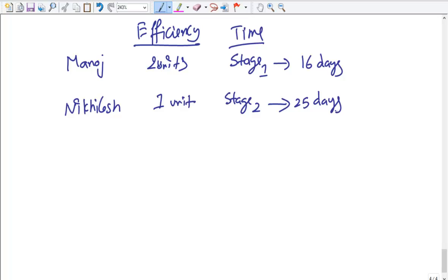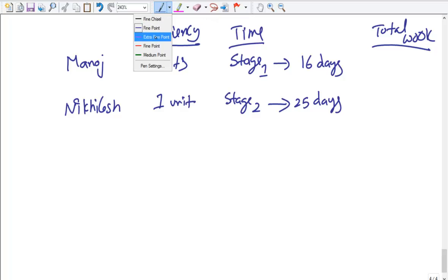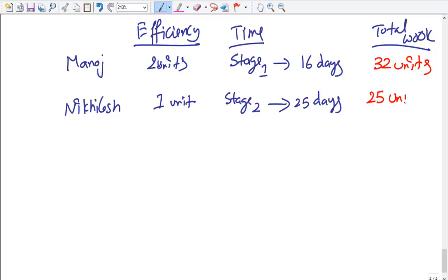They complete their own tasks. It means the total work in terms of units we can say. Thus, efficiency is 2 units, so 16 days means it is 32 units. Now, it's taking 25 days to finish stage 2 and working 1 unit per day. That means the total work is 25 units.